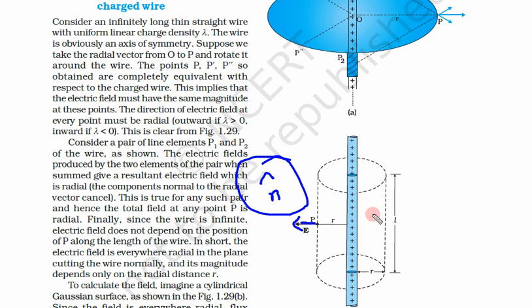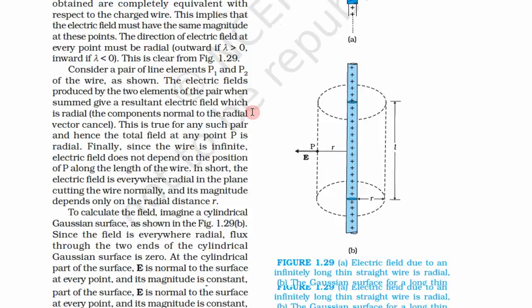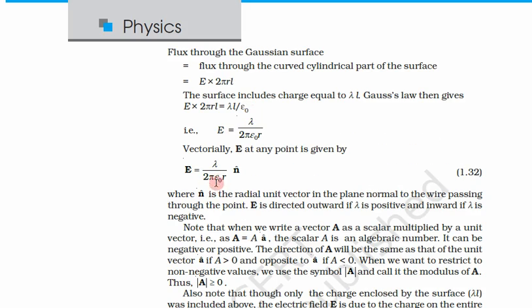And you found the magnitude: electric field is simply lambda upon 2 pi epsilon naught R. Here we don't have charge but lambda, and E varies as 1 by R. So n is a radial unit vector in the plane normal to the wire passing through the point.